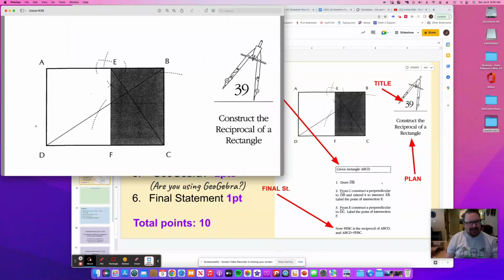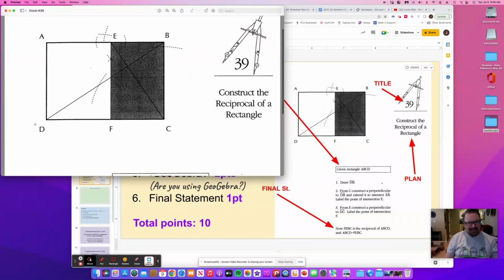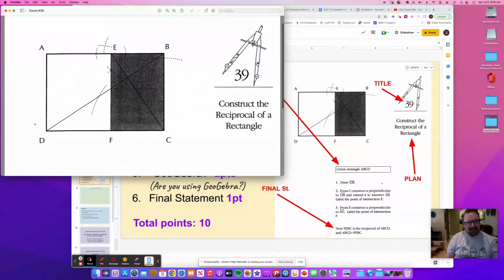The way we'll do it is we'll start with our normal rectangle ABCD, that's our given, and then we draw a diagonal from D to B, and then a perpendicular line to that line that goes through point C, and where it intersects the rectangle, that is point E, and then a parallel line gives us EF, and then our new rectangle BCFE is similar to ABCD, and that is the reciprocal of the rectangle.